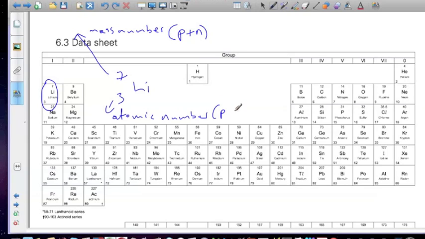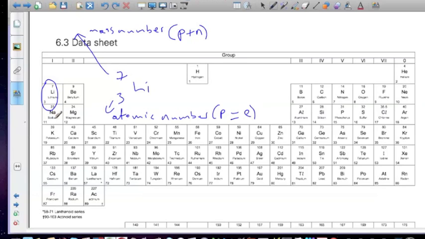Now the atom is always equal. Protons are positive, so the number of protons is also the number of electrons. So for lithium, the atomic number is 3, so it has 3 protons. If it's got 3 protons and the mass number is 7, then the number of neutrons that lithium has is 4.